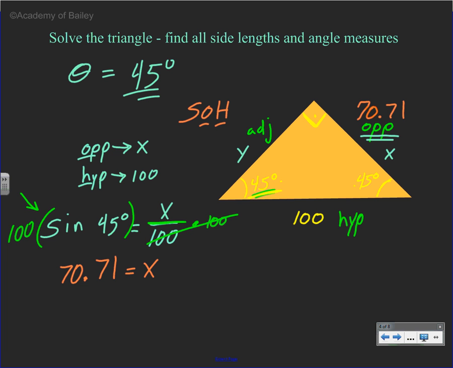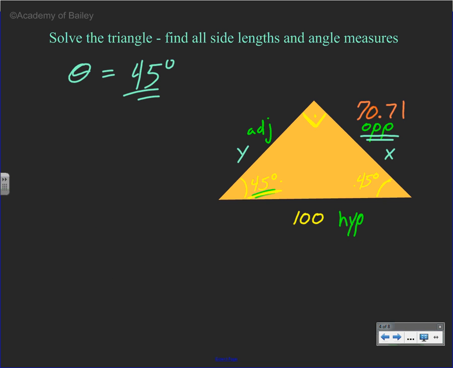Now, if the base angles of a triangle are congruent, then you know that this triangle is an isosceles triangle. And isosceles means that it has congruent sides.